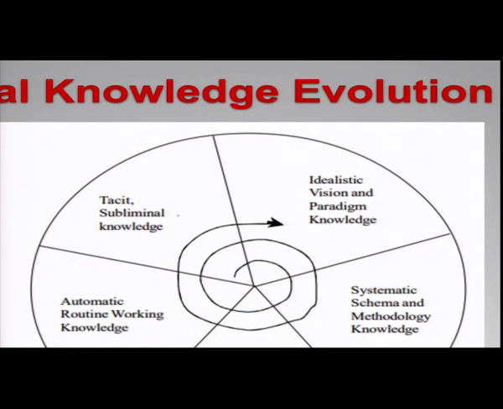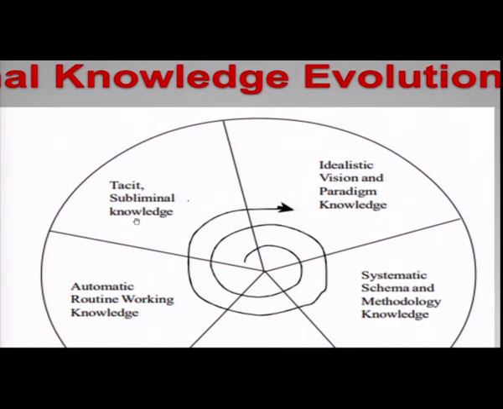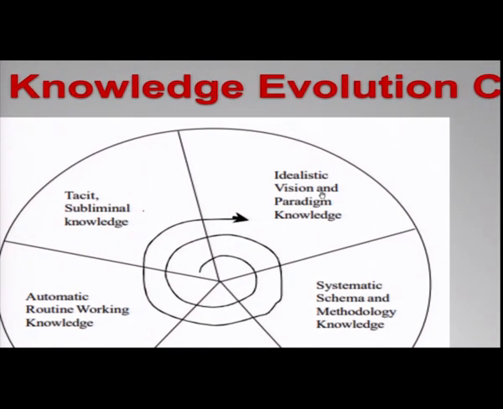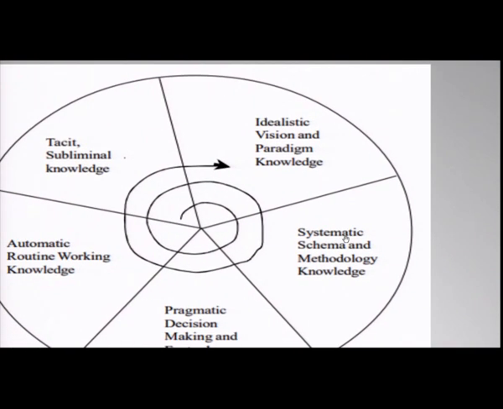That comes from the tacit or subliminal knowledge. So, when you have the tacit or subliminal knowledge, then when you get this idealistic vision and when you have a paradigm knowledge, we could end up going in by using the systematic schema.